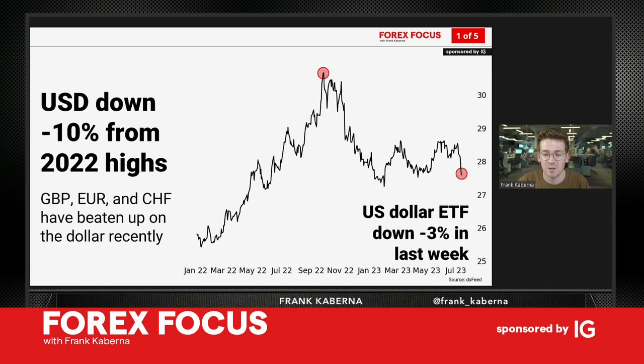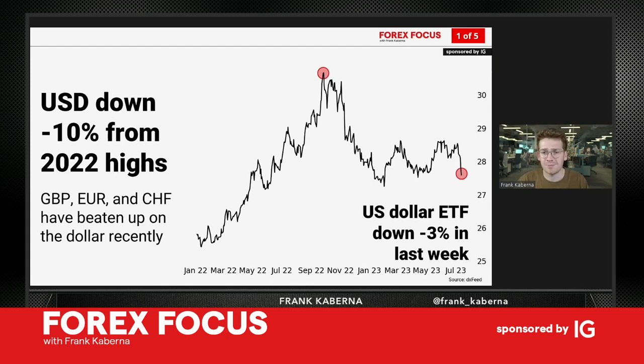And we're just looking at the US dollar ETF before we get into some more specific relationships here in a second. As the pound is back to above 130, the euro back well above 110, and US dollar against Swiss franc is down to lows for the last multiple years here.